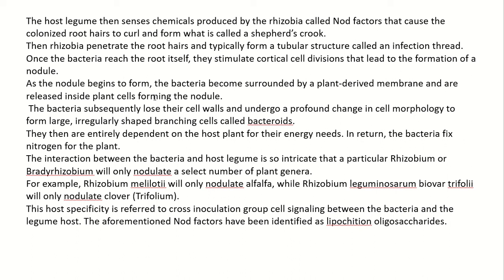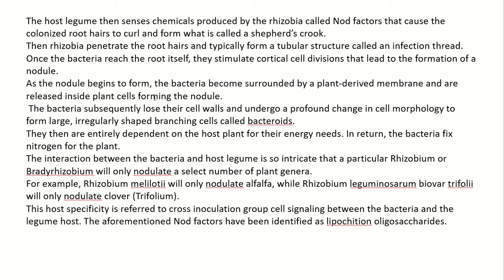Once bacteria reach the root itself, they stimulate cortical cell division. When bacteria reach the root itself, cell division occurs, where? In the cortical cells. That leads to the formation of a nodule.